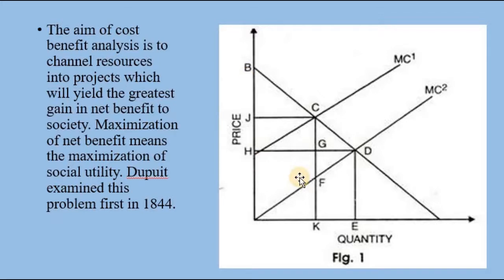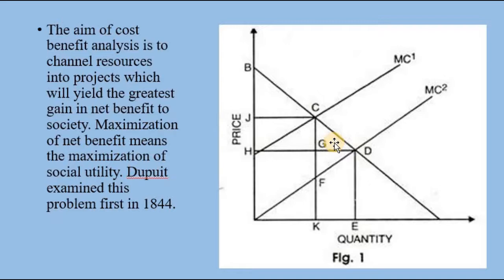So the change in willingness to pay resulting from the lower price is KEDC. So this much they are actually willing to pay, and KEDC is a result of the lower price.